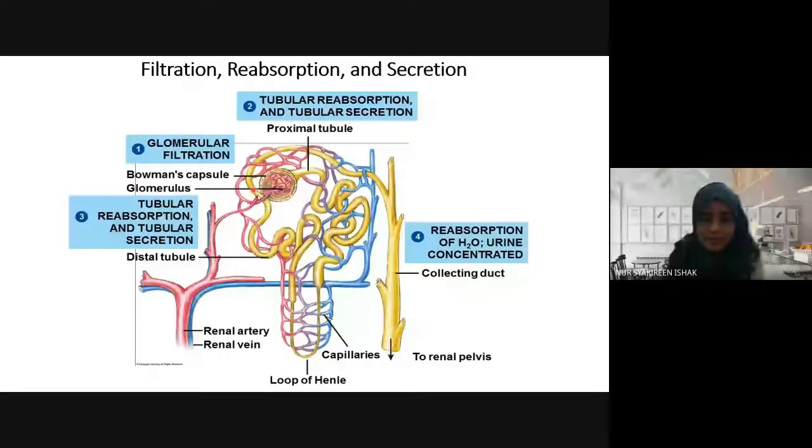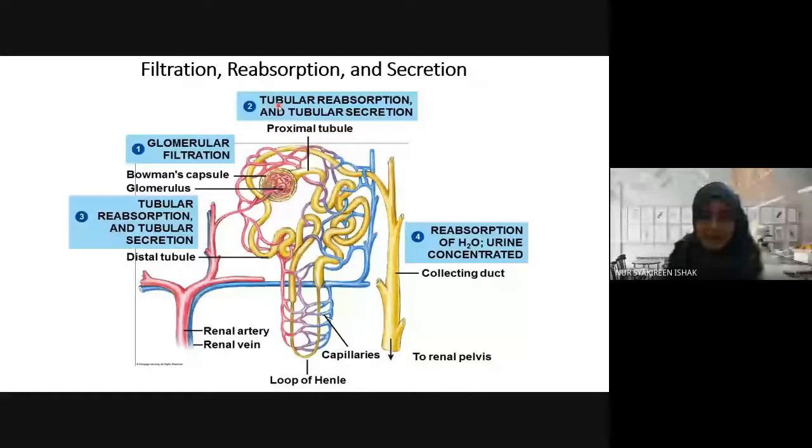Filtration occurs here, glomerular filtration. It involves the glomerulus and also the Bowman capsule. Second is tubular reabsorption and tubular secretion. Tubular reabsorption is where valuable substances will be reabsorbed. And then secretion, any substance from the body fluid that is not needed will enter into the filtrate from the blood vessels.